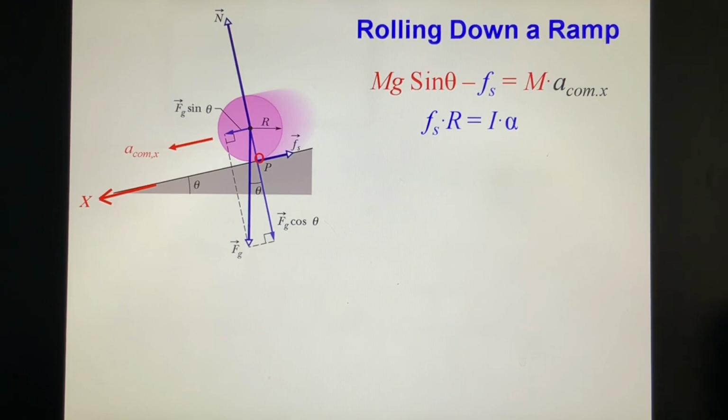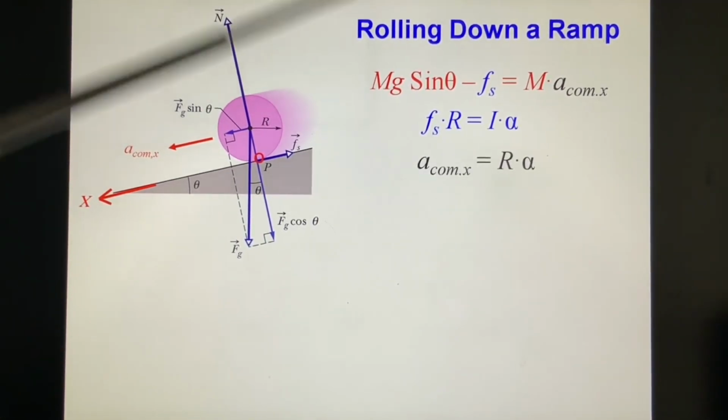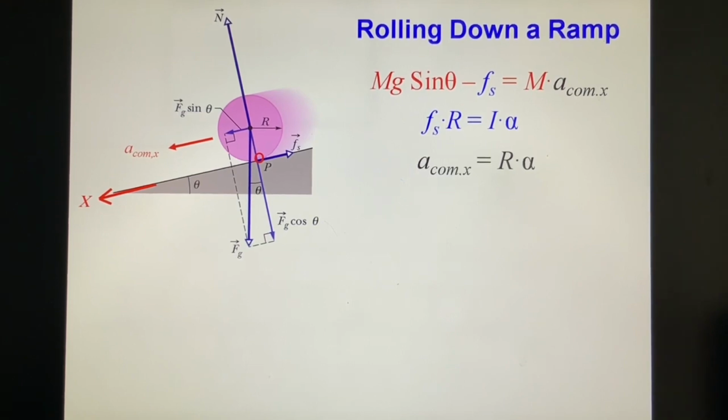That's not enough. So we need one more thing, to find the relationship. From rolling, we find that a com equals R alpha. With these 3 equations and 3 unknowns, it's very easy to solve for the answer.